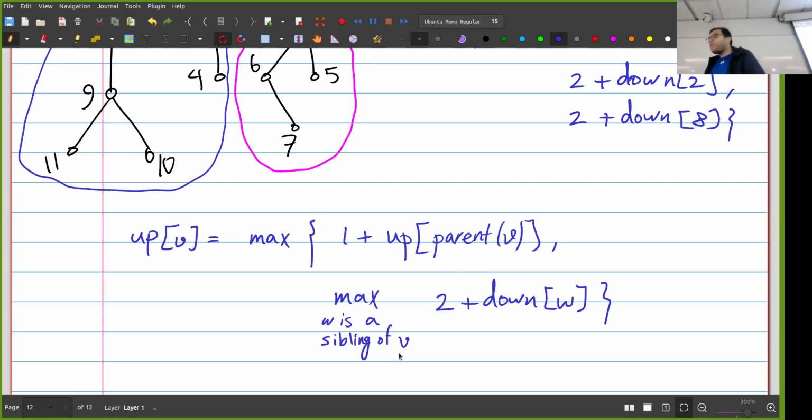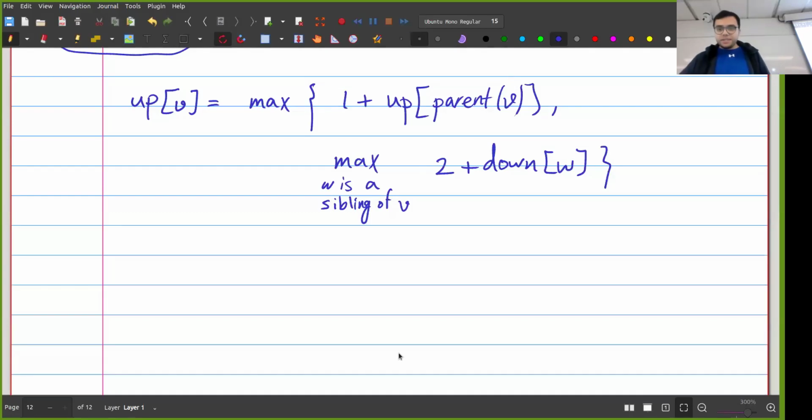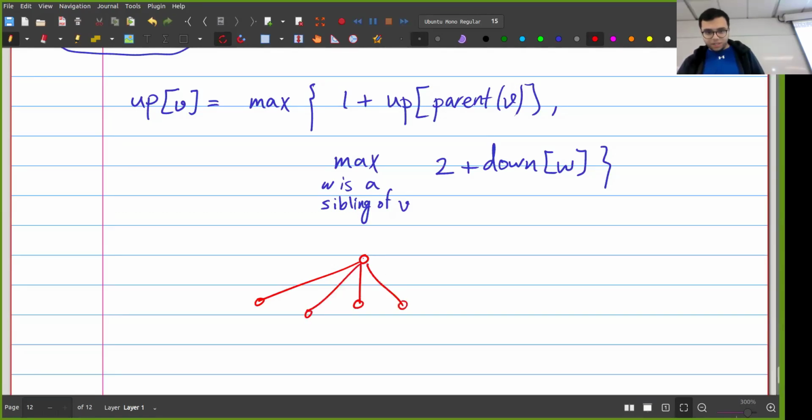But I have to go over all the siblings of V, and then I have to take this maximum. So if I do it in a naive way, this can actually give me a runtime of O(n squared). How can that happen? Like this. Suppose that I have a graph, and it's just one root with many children, right?